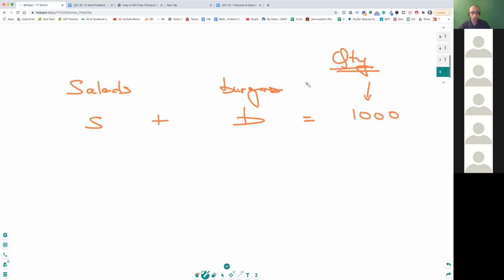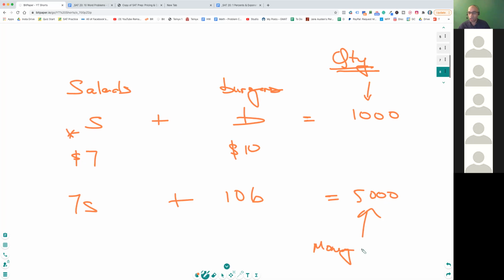And now you're also told that the salad cost is, let's say, $7, and the burger cost is $10. So you multiply these two and you get 7S, and then you multiply these two and you get 10B. You add them, and they might give you the amount they collected, like, let's say, 5,000. So this is the second equation. I call it the money equation or the cost equation.